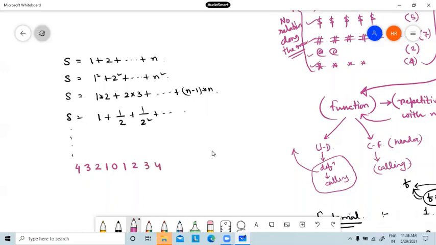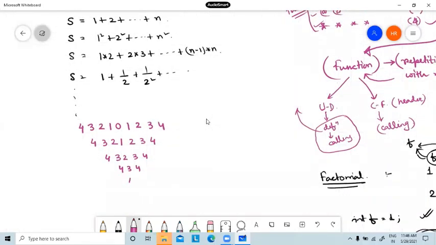Okay, then in the next line it is 4, 3, 2, then 1, then this side 2, 3, 4, and again from there it is 4, 3, 2, then 3, 4, the next line 4, 3, 4, and in the final line only a single 4. So try to solve this pattern.